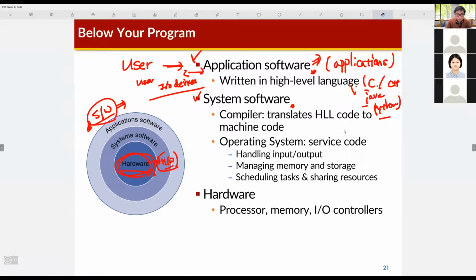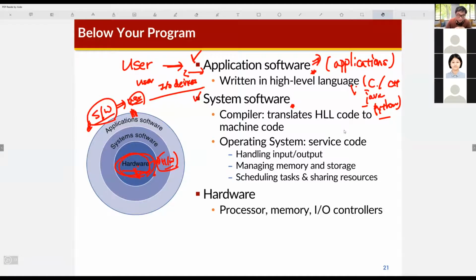The application software is friendly to the normal user, but the hardware world is very difficult to understand for normal people, customers, and users.